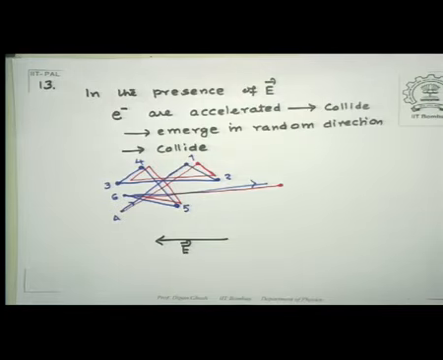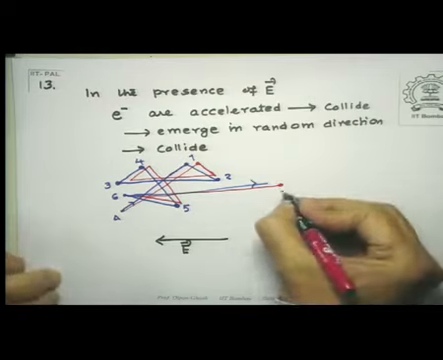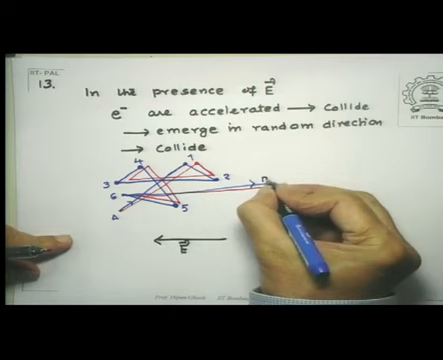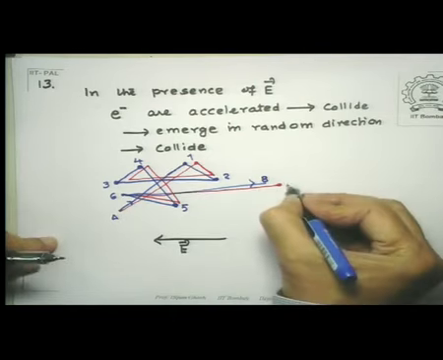So notice that instead of arriving at this point, let me call this original point where it arrived in the absence of electric field B, and this is going to arrive at B prime.